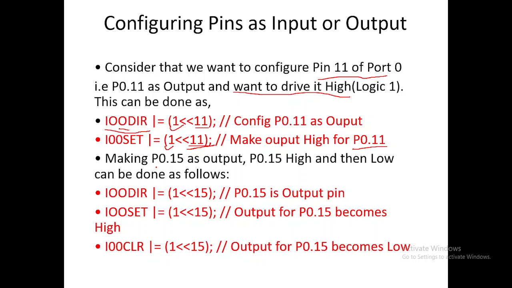Then the second condition, making port number 0, pin number 15 an output, and we will make it firstly high, and then we will make it low. So in the first condition, pin number 15 of port 0 is configured as an output pin. Then second, we make that same pin high, and then using this IO0 clear, we make this pin low.